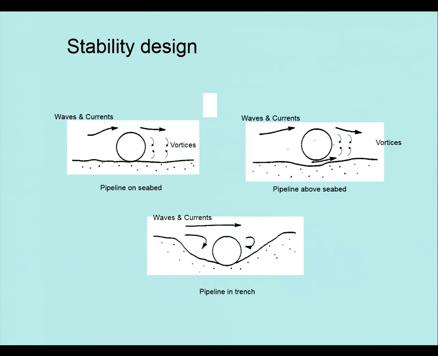So, stability. Why have we got to design it to be stable? Well, the very fact that you place a pipeline on the seabed, you change the water flow patterns over the top of the seabed. So what you've got to do is make sure that this elongated pipeline doesn't move.